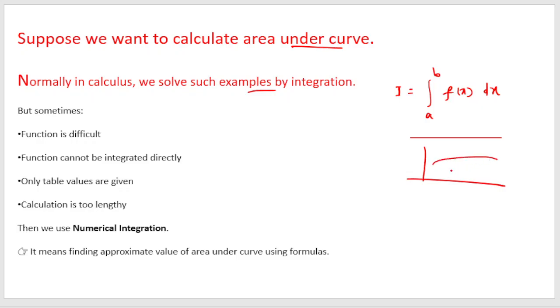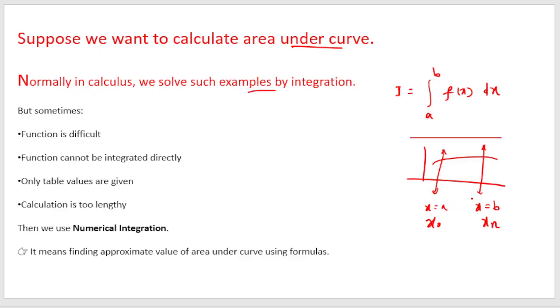Suppose the curve is like this, from x equal to a, the starting point, till x equal to b, the end point, or sometimes we may call them x0 and xn. So the same logic we are going to use here.